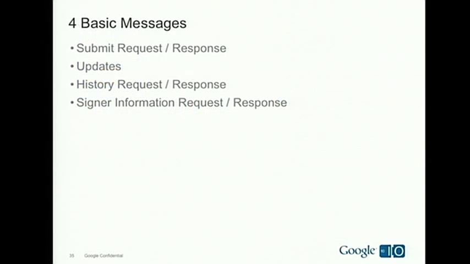Right, so there's 4 basic messages in the federation protocol, two of which I explained, which are submits and updates. The 2 other important ones are history request and response, which is if a wave server receives a delta at a version that is not version 0, and it hasn't seen anything about this wavelet before, it can turn around to the hosting wave server and request the history in a version range.